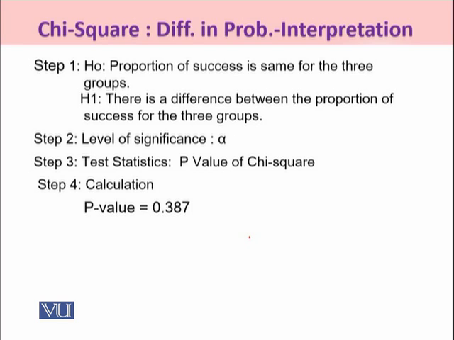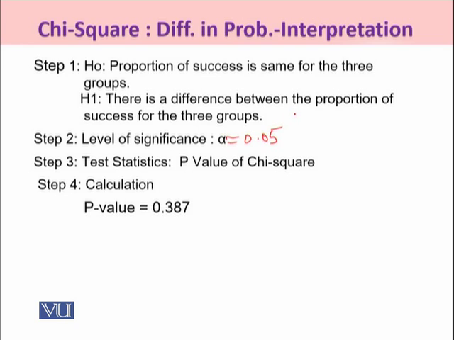Then the next step is to inform about alpha, that is the level of significance. In this problem, we are given alpha equal to 0.05. The third step is the test we are going to perform for this kind of hypothesis, and for this kind of problem, we will be using a chi-square test.